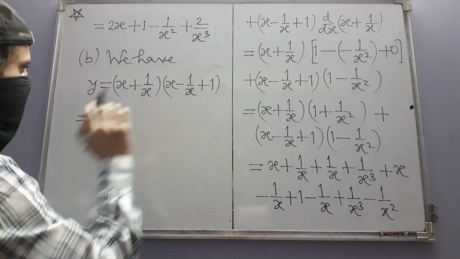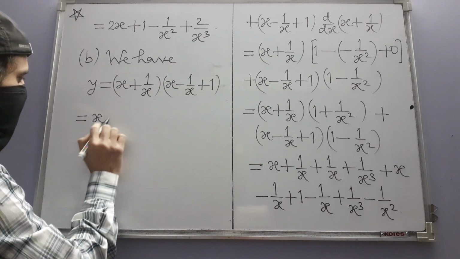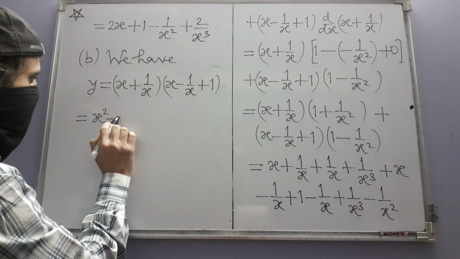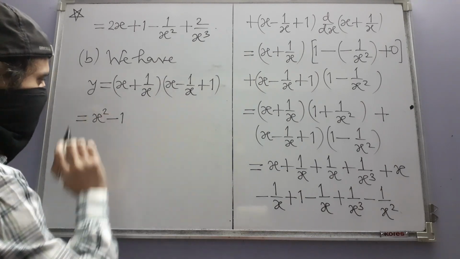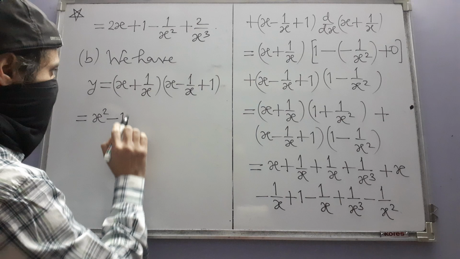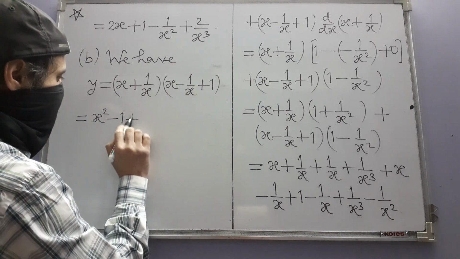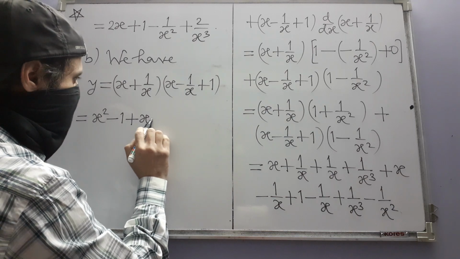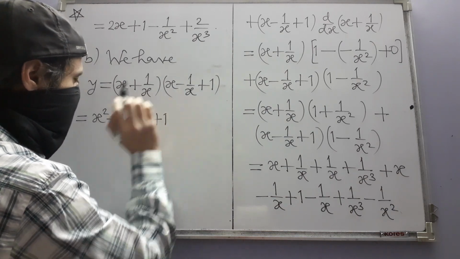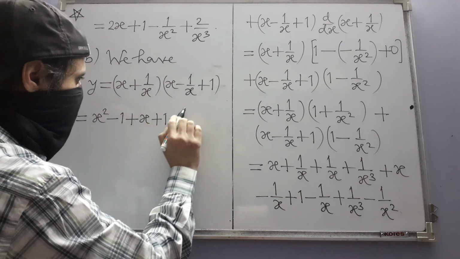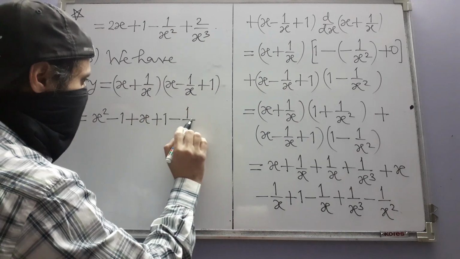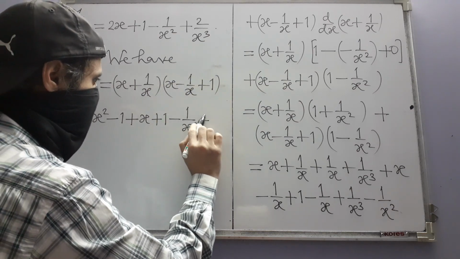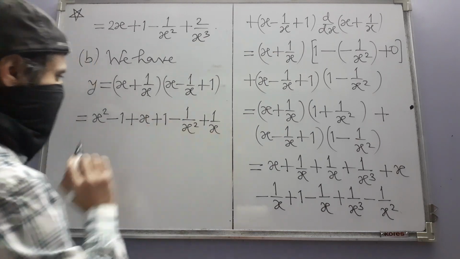So multiplying these terms by x gives me x times x, x square, x times minus 1 over x, minus 1, because x and this get cancelled, plus x times 1 is x, and then we multiply by 1 over x, plus 1: this one times this one, minus this times this is 1 over x square, plus 1 over x times 1 is 1 divided by x.